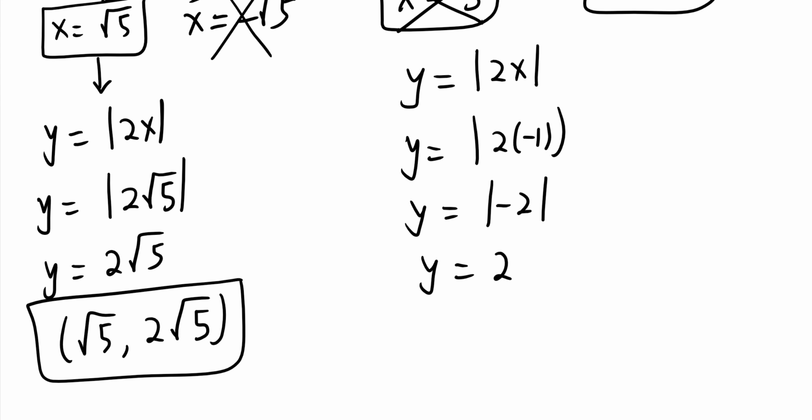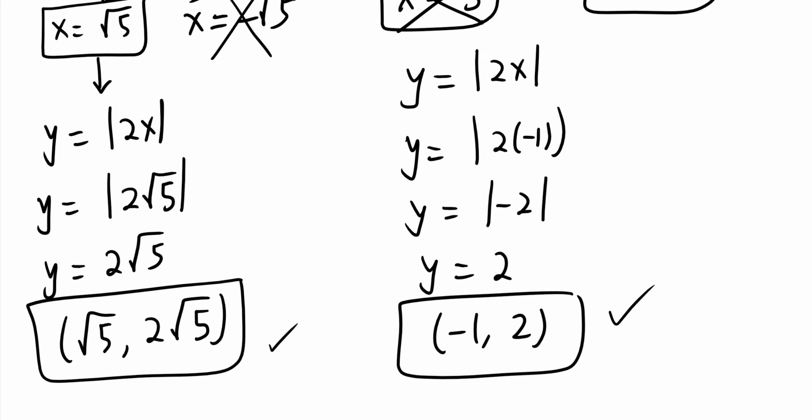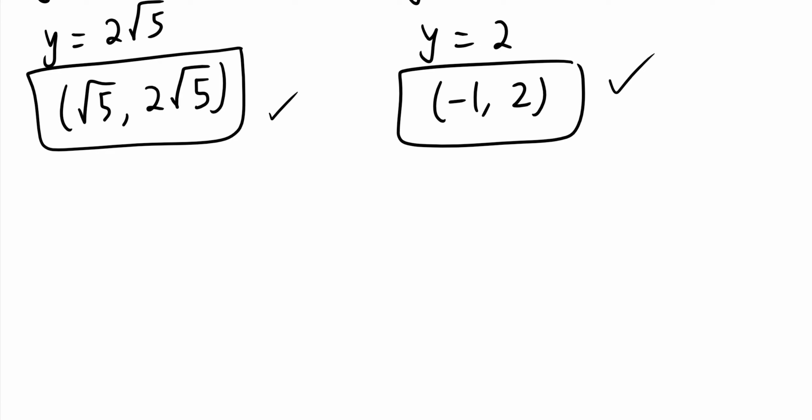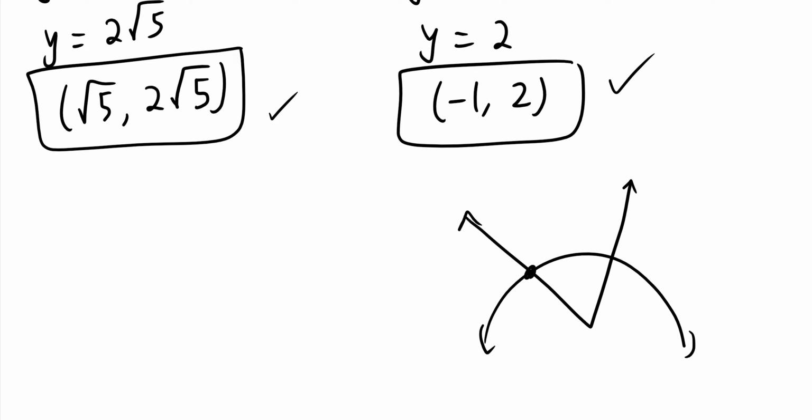So then the solution is negative 1 comma 2. That's the other solution. So we get these two solutions. If you graph it, the absolute value graph is going to go like this, and that function is going to go like that. So that's where the two points, or the two solutions, are.